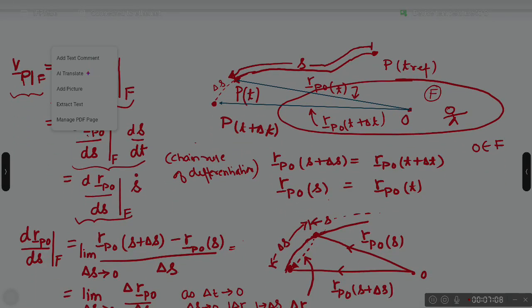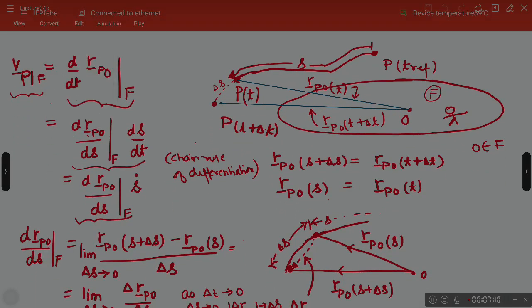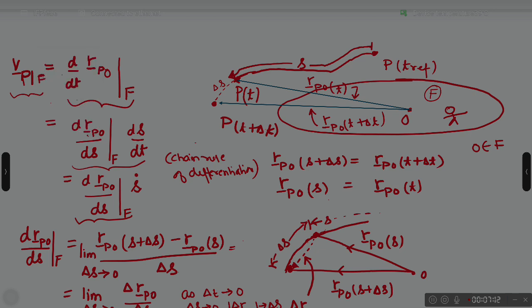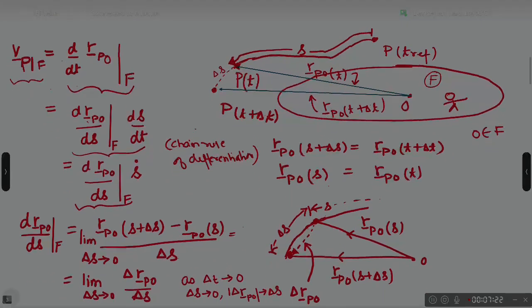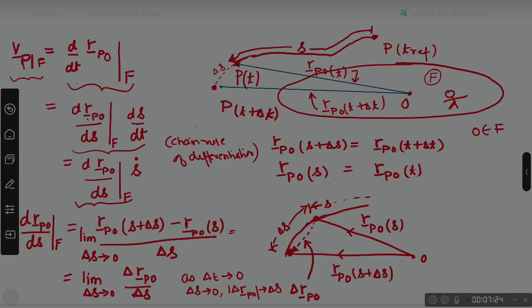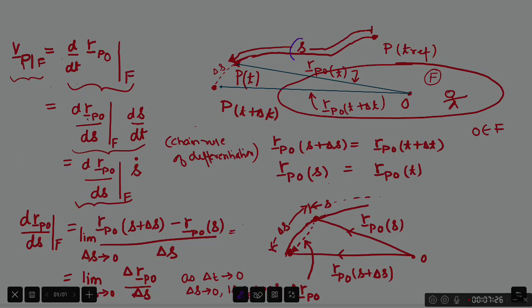Now, having defined our basis unit vectors, and also having defined the scalar coordinate s with which we locate the current position of our particle of interest, now we raise the second question.